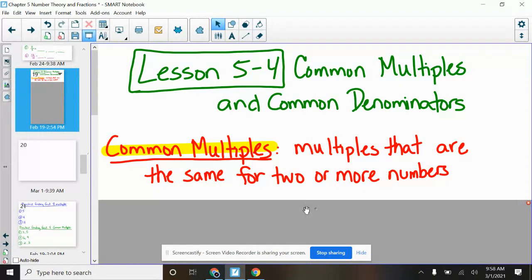If I'm playing with multiples, what do you think I'm going to be using? The answer to a multiplication problem. That's why they're called multiples. So if I'm searching for common multiples, I'm searching for a number or maybe a couple of numbers that two things have in common, okay?